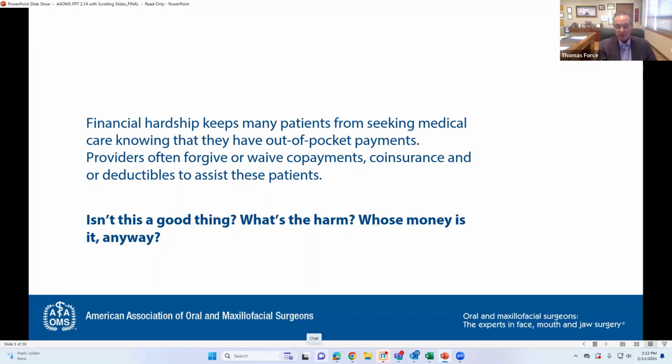If you're a non-participating provider or you're out of network, those deductibles and coinsurances are a lot higher. And that's why it's more difficult, if you're a non-participating out-of-network provider, to bill cost share responsibility to patients than it is for an in-network provider.